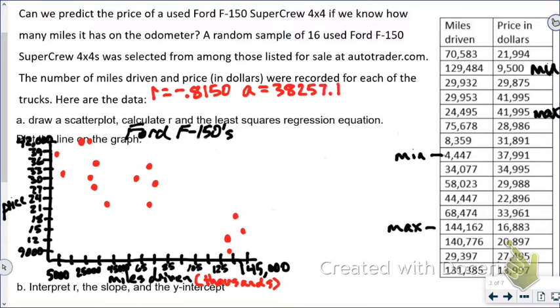That's the y-intercept, so if you need to make a note, that's our y-intercept. The slope is negative 0.1629.